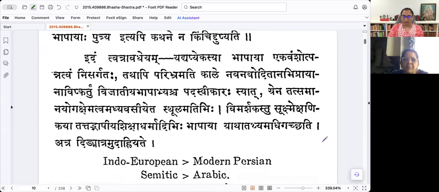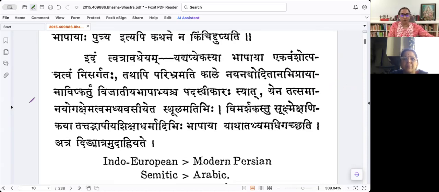इदं तु अत्र अवधेयं यद्यपि एकस्याः भाषायाः एकवंश उत्पन्नत्वं निसर्गतः, even though it is natural to say that from one bhasha all of the particular vamsha bhashaah have come from that particular language, tathapi paribhramati kale, as the time goes by, nava uditan abhiprayan avishkartum, in order to speak our new ideas that have come about.